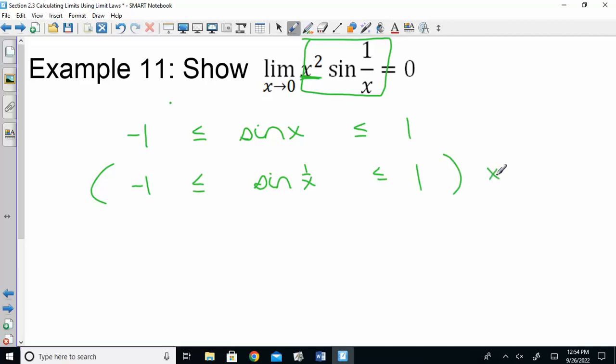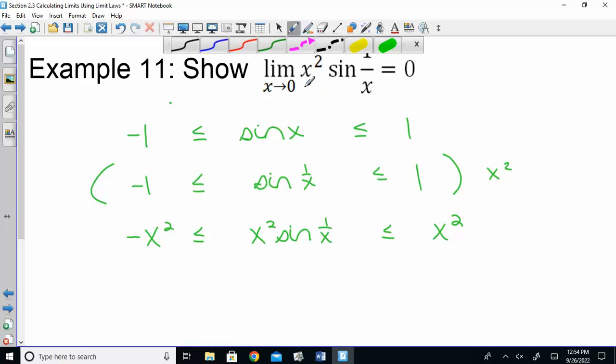So I'm going to take everything here times x squared. So that means negative x squared is less than or equal to x squared sine 1 over x is less than or equal to x squared. Have I lost anybody?